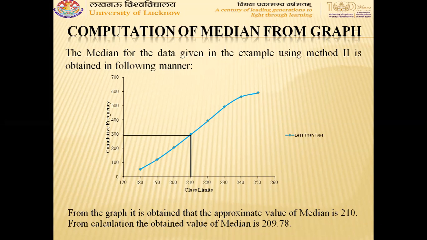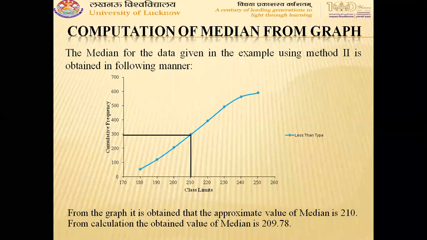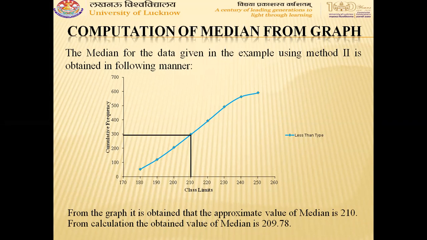But in the proper manner, the less than type cumulative frequency curve must be started from the upper limit of the first class interval, whereas the more than type cumulative frequency curve must be started from the lower limit of the first class interval. Otherwise the calculation will show some error by using the graph.